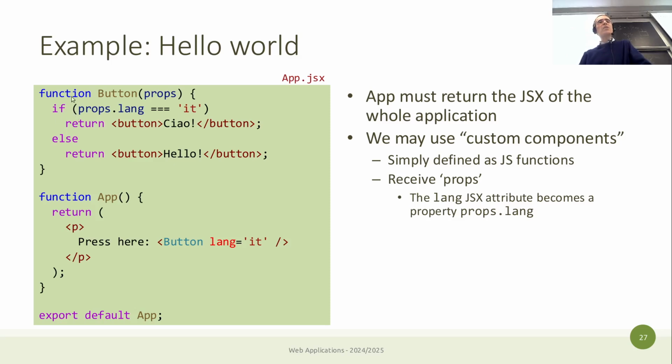Okay. And so what is this component doing? Well, it takes the props, if props.lang is IT, it returns the Button ciao button. So this is JSX, okay? So it returns something that is the way in which the component should appear. Else, the other way in which the component should appear, okay?